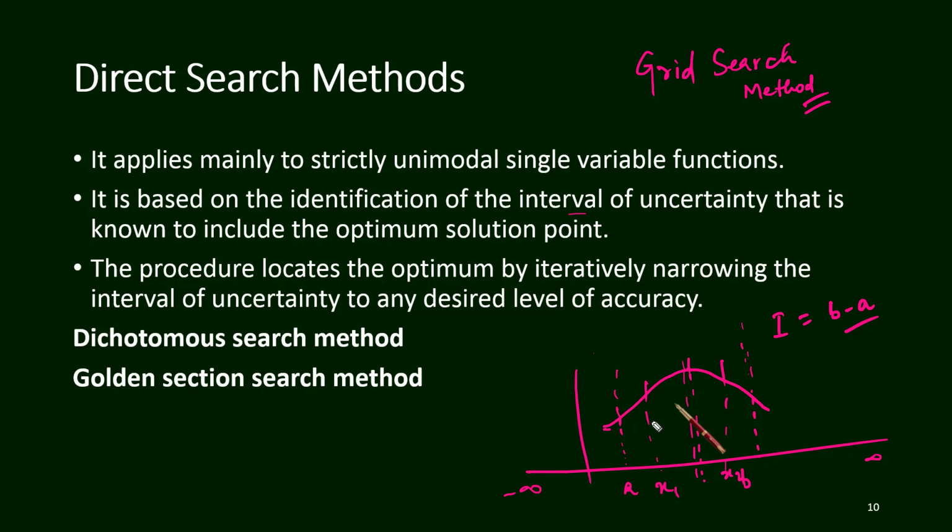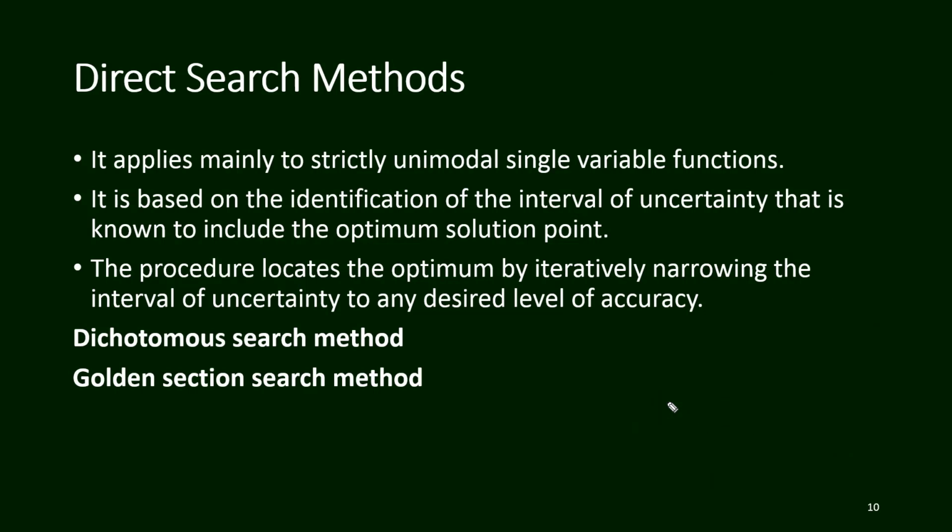So this is how all the direct search methods work. We generally reduce the interval of uncertainty. So that is the method. All the direct search methods differ only in the method of reducing this interval of uncertainty, right? And the concept is the same.